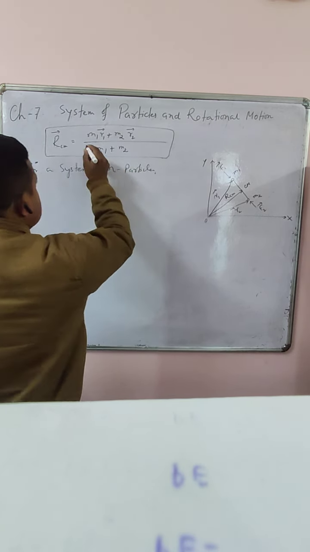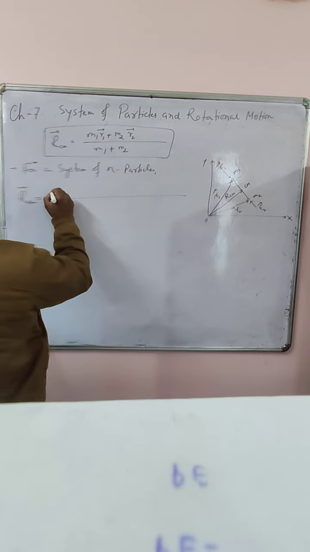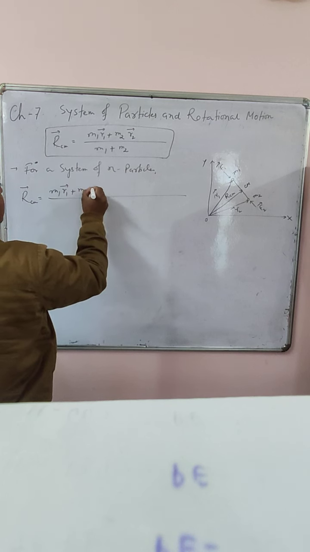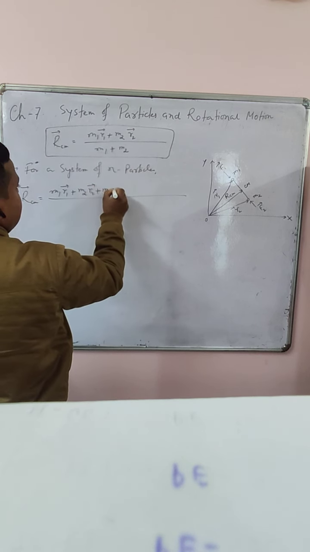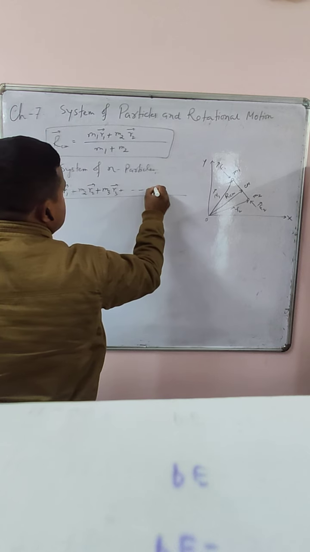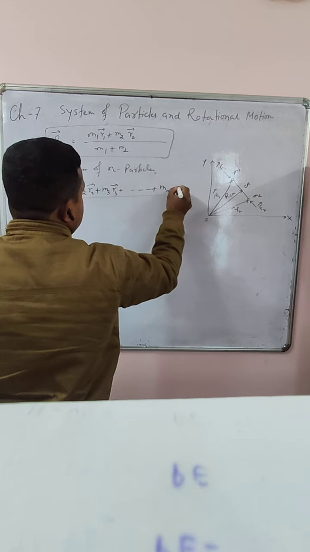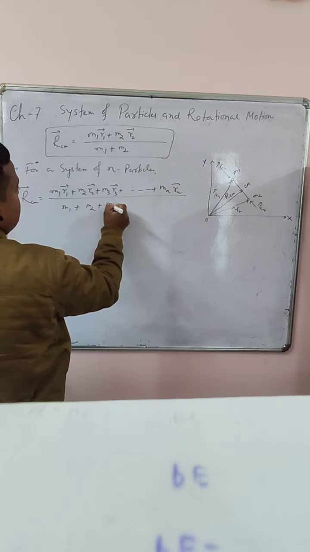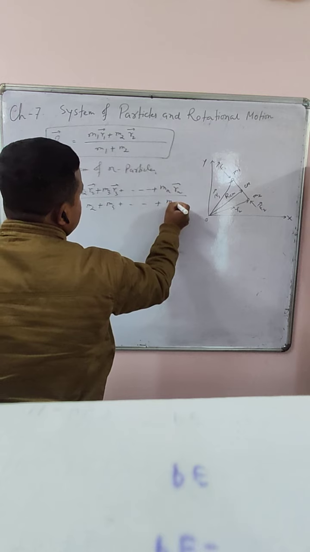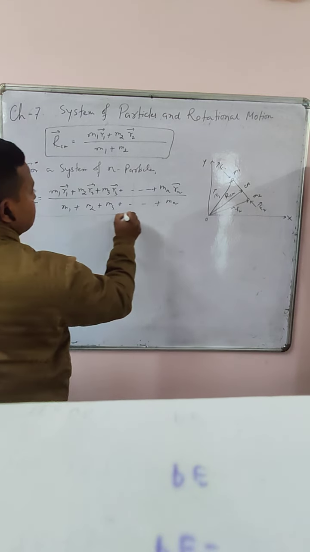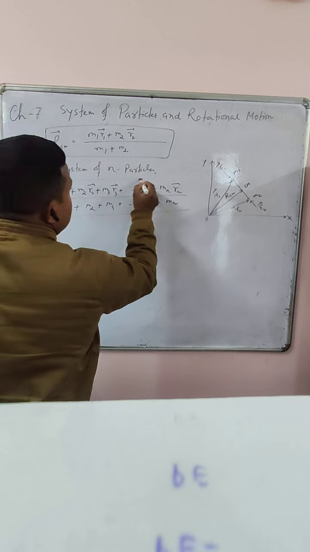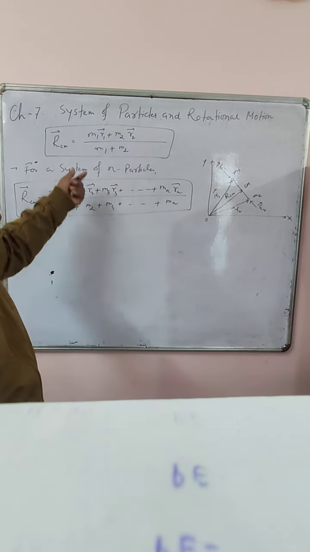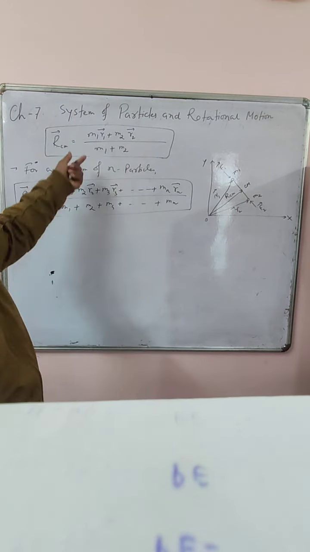RCM will be m1 r1 plus m2 r2 plus m3 r3 up to mn rn, divided by m1 plus m2 plus m3 up to mn. So this is the position vector of center of mass of a system having n particles. We just extend this up to n.